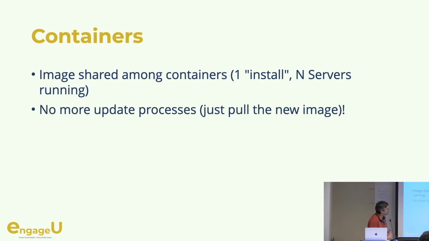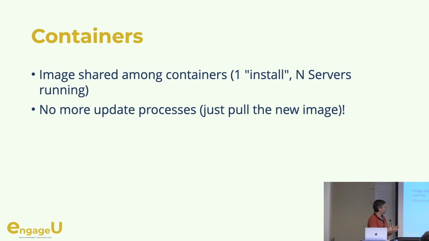There's no more update process like in a virtual machine. You run it, you install FileMaker, and then if you want to update it, you have to run the installer to uninstall the first one and install the new version. With Docker, you don't have this. You just say, okay, now I will be using the new image.